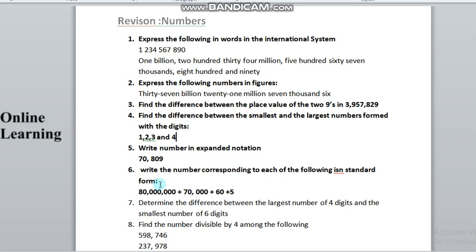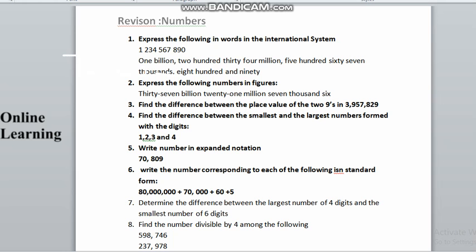When we write it in expanded form, we have to expand each digit. First it becomes 70,000 plus. After 70,000 we have no digit on 1000.